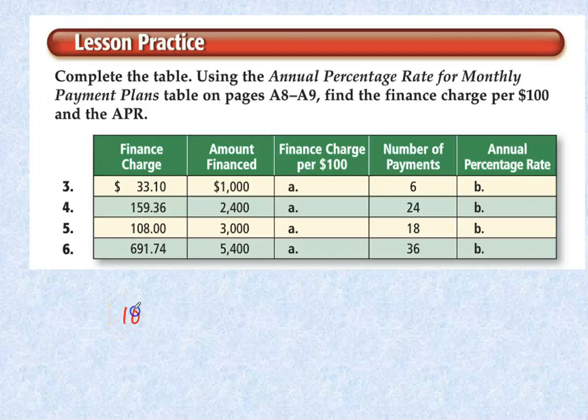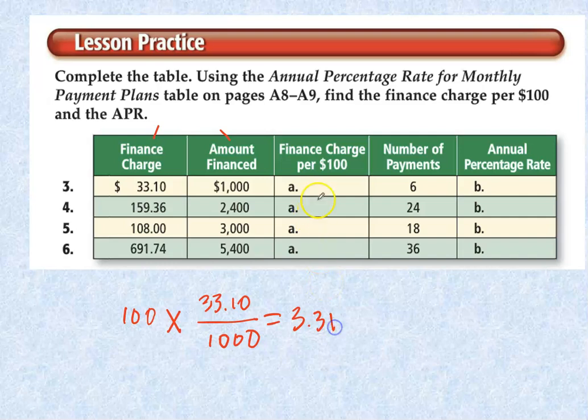So I'm taking 100 times my finance charge, which is 33.10, divided by the amount financed. Here they are right here. If I do 100 times this divided by this, I get 3.31. So I put that here.